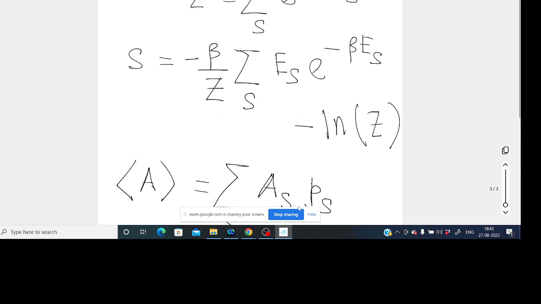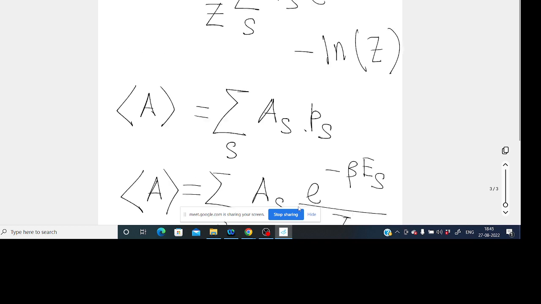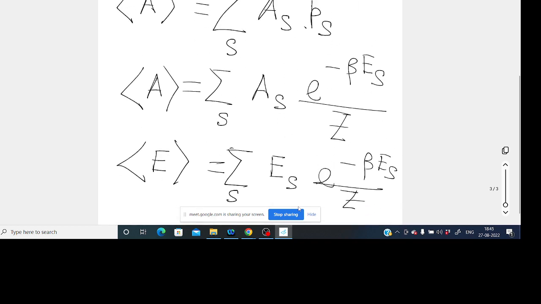And in the first term we will replace 1 by Z sum over s Es e to the power minus beta Es by the average of this energy, the internal energy.